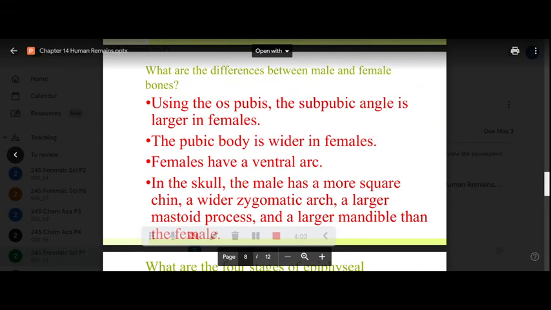And then the pubic body is also wider in females. Females just in general have a wider hip. And then females have a ventral arc. In the skull, the male has a more square chin, a wider zygomatic arch, a larger mastoid process, and a larger mandible than the female.